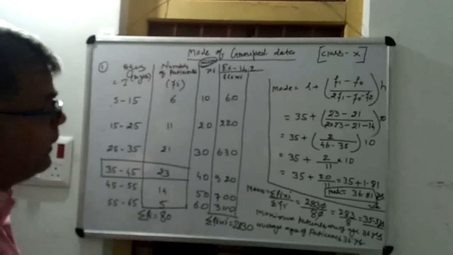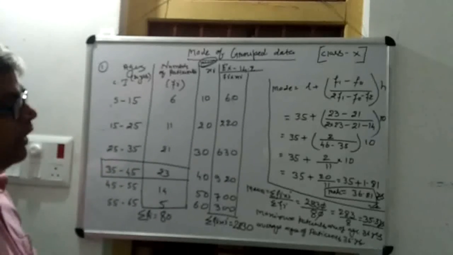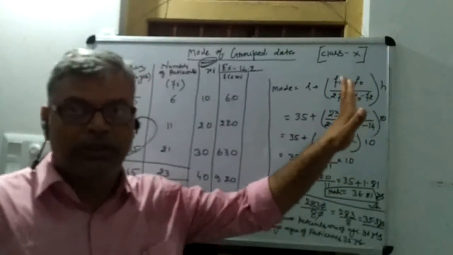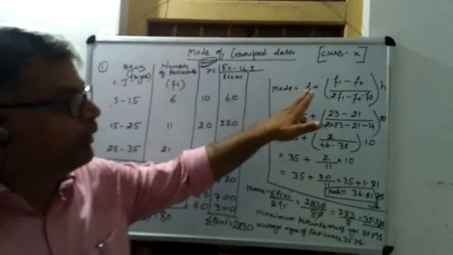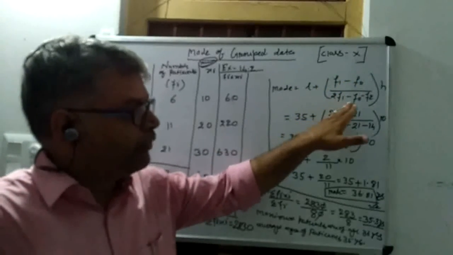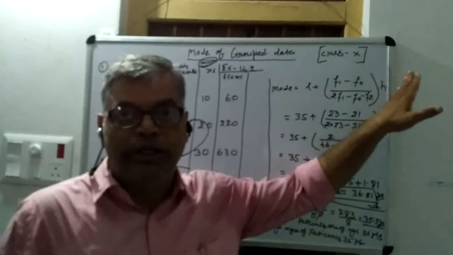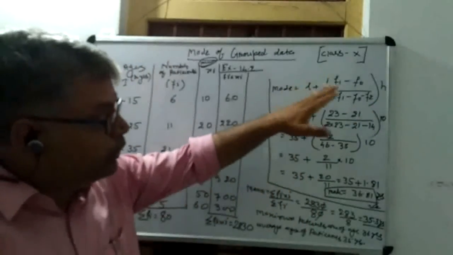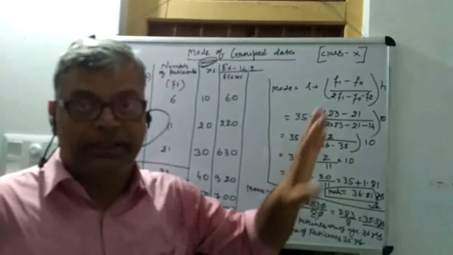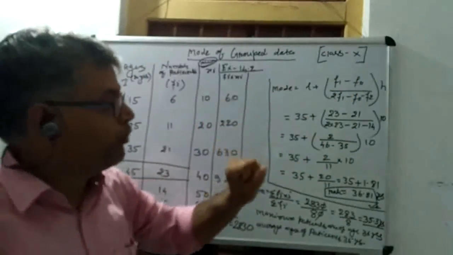For calculating the mode, first you have to know this formula. Mode equals L plus F1 minus F0 by 2F1 minus F0 minus F2 into H. And now you have to know what the different terms used in the formula represent.